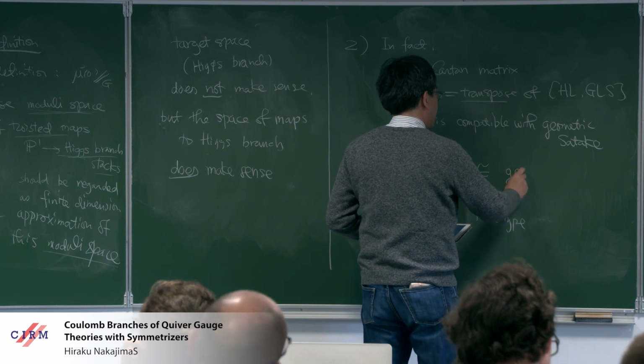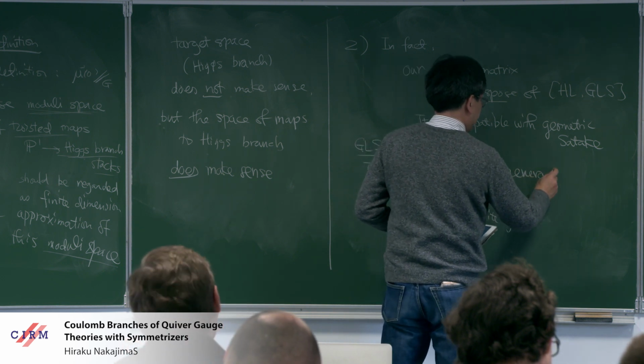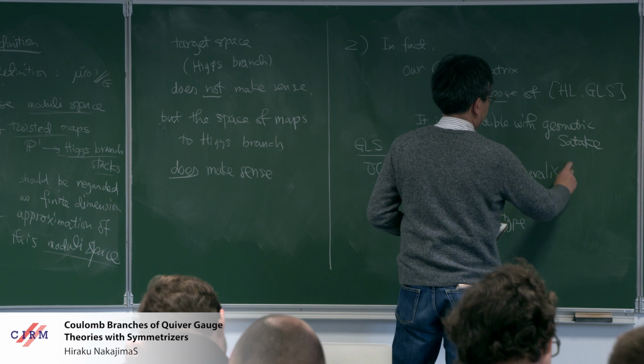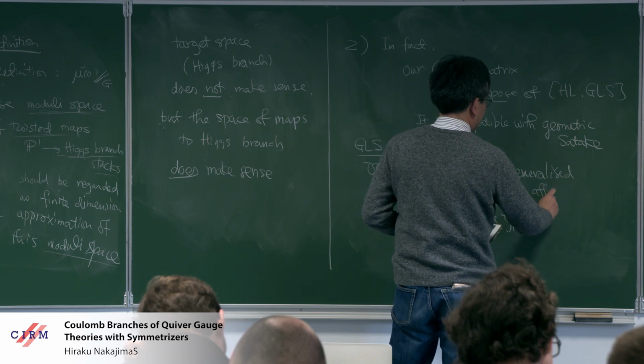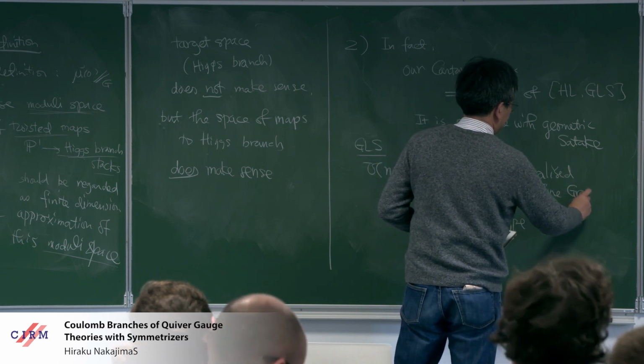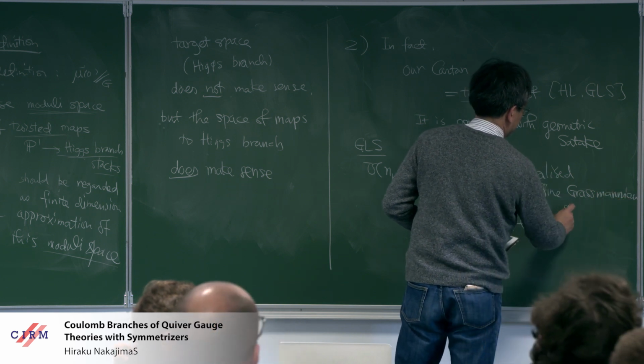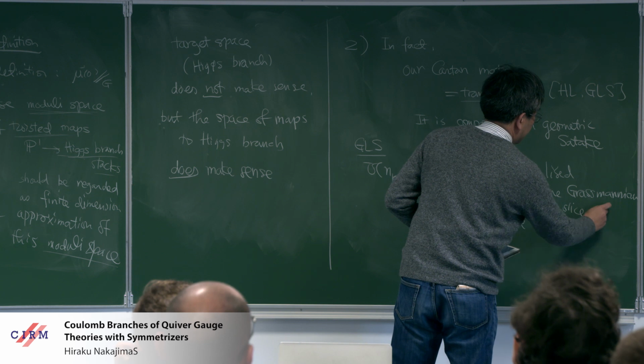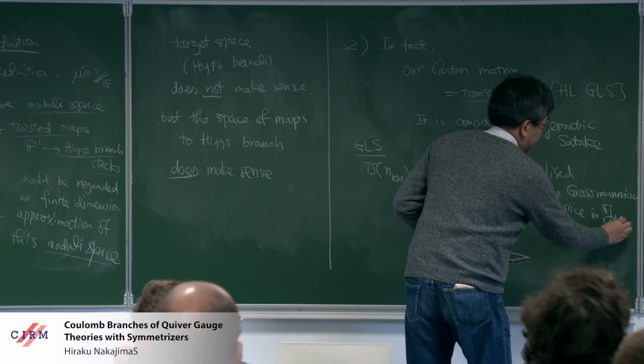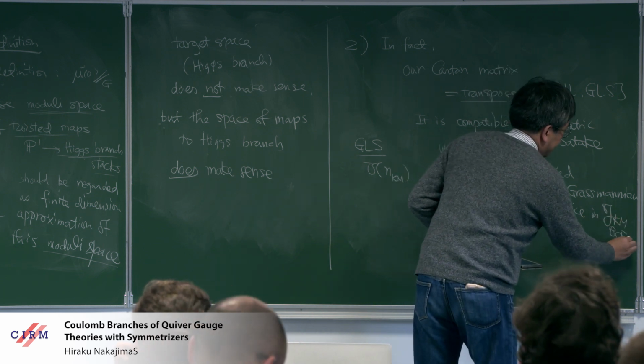Then this is the generalized affine Grassmannian slice in G of Kac-Moody, or BCFG in this case.